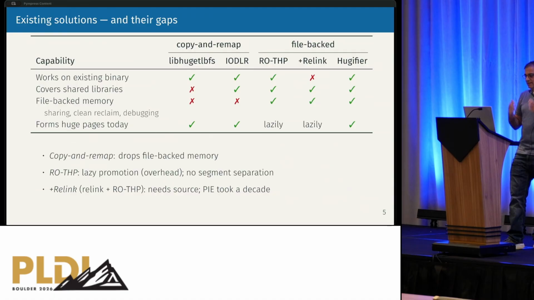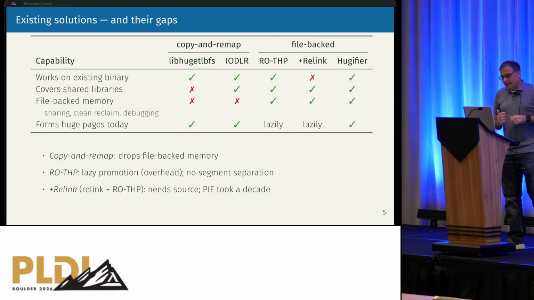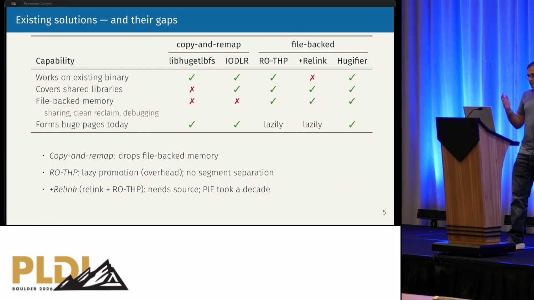As a result, we don't have cross-process memory sharing anymore, and we cannot reclaim memory without swapping it out. Profilers and debuggers do not work anymore, at least not out of the box, because we don't have symbols, since we don't know that this is actually coming from a file. When we tried libhugetlbfs, we also found all kinds of bugs in it, so clearly it's not used a lot. Intel's IODLR, unfortunately, was also recently discontinued.